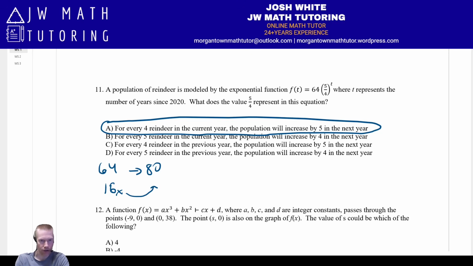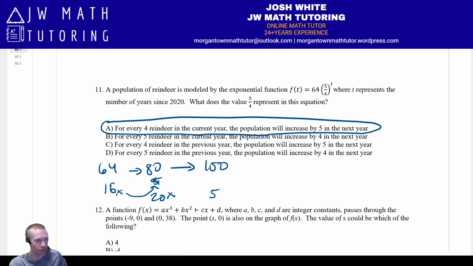In the next year, there are then going to be 5 times that, which is 80. If you continue the pattern, say now there's 80 in the current year. Divide that by 4, again you have 20, so you have a 20 times multiplier. Then multiply that by 5 and you go to the next year and it's going to be 100.